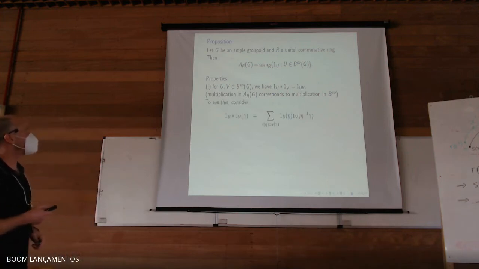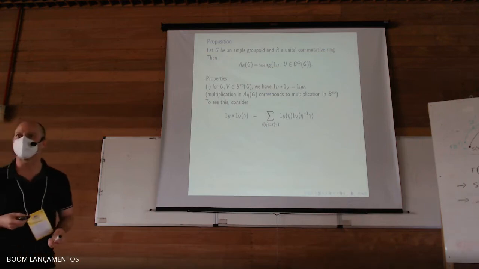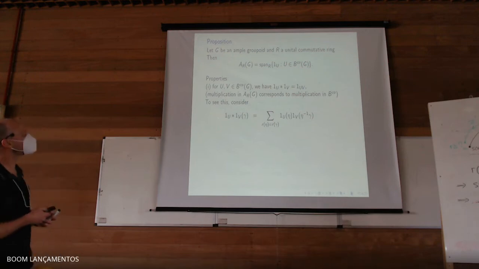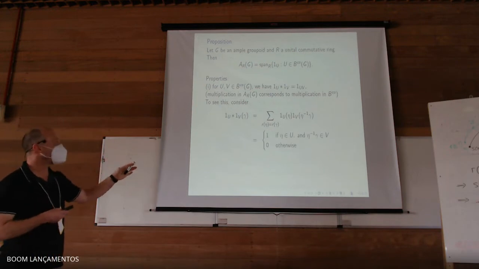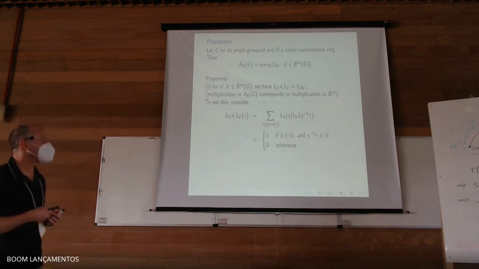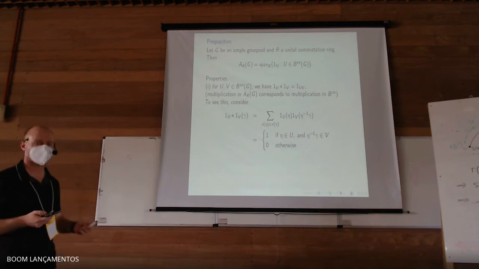Okay, so to see this, let's write out the formula. So this is just how convolution is defined, right? And since that is a characteristic function, the 1 subscript U and the 1 subscript V, it means that this expression will be 1 if we know that eta is in U and eta inverse gamma is in V, and 0 otherwise.